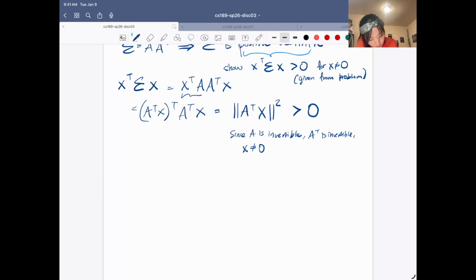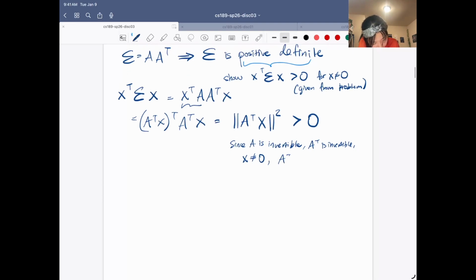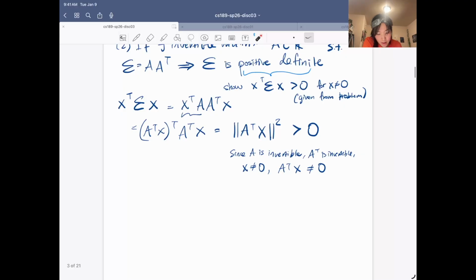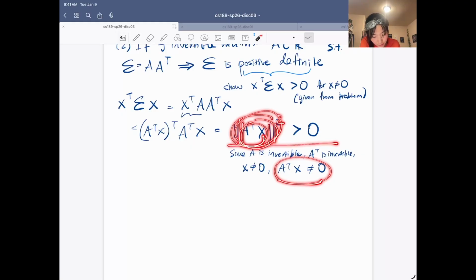And so A transpose times x must not be equal to 0, because if this matrix is invertible and this vector is not equal to 0, then we can't have the product of them be 0, because otherwise A transpose would not be invertible. And so because this cannot be equal to 0, this square norm can't be equal to 0, so it must be greater than 0.